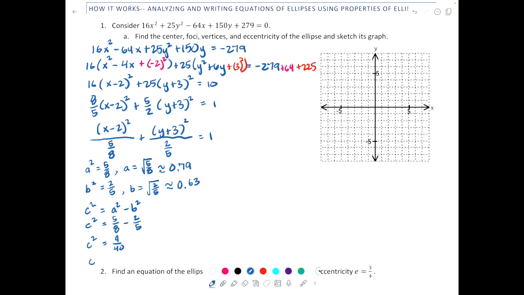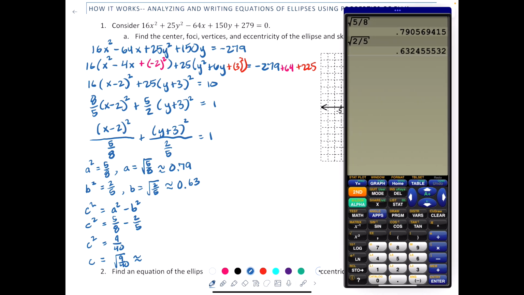And so c is exactly the square root of 9/40, which approximates to be 0.47.